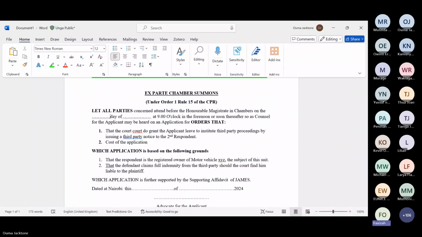I asked about the time. Like you wrote there at 9 o'clock. Is that also that precise, or it's going to be decided at the registry? Because you said the date, but what about the time that is written there? Now, the time is usually the standard time for a court. Courts normally open at 9 and they run until around 2. And that is why you say 9 o'clock in the forenoon or soon thereafter. So you don't know what time, but courts operate from 9 to 2.